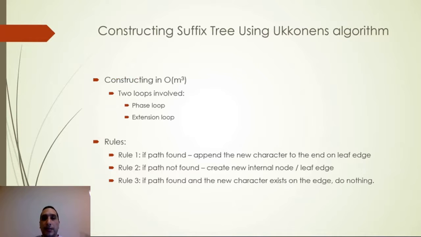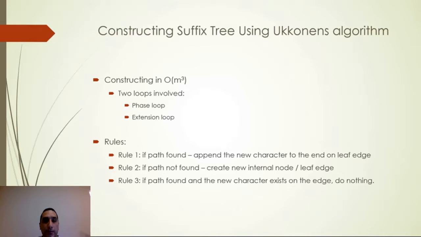To understand Ukkonen's algorithm more easily, we will first discuss how to construct the tree using a naive algorithm, although its time complexity is O of M cubed, where M is the number of characters in the string.